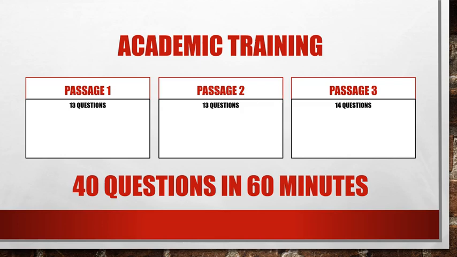After passage 2, you have another 13 questions. And in passage 3, you have 14 questions. So altogether, 13, 13, 14. That's 40 questions you have altogether for academic, based on the number of passages that you have.